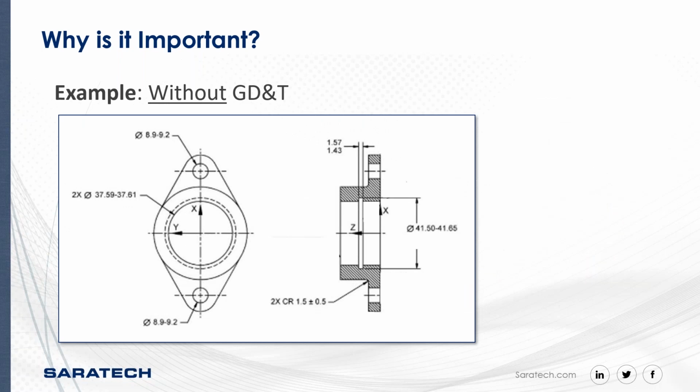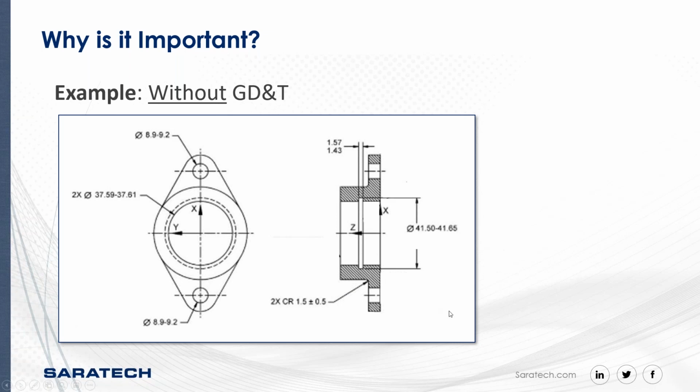The best way to describe why GD&T is important is to go through an example of a drawing that has GD&T and one that does not. This drawing here does not have any GD&T dimensions. All we have here is sizing for the diameter holes, the two holes here, the hole in the middle, and some thickness tolerances.